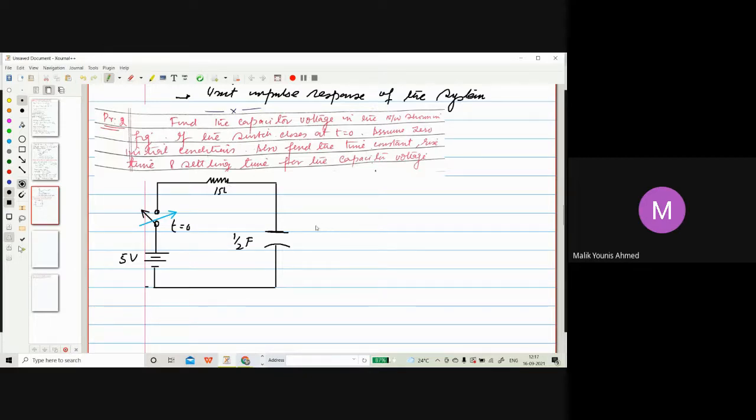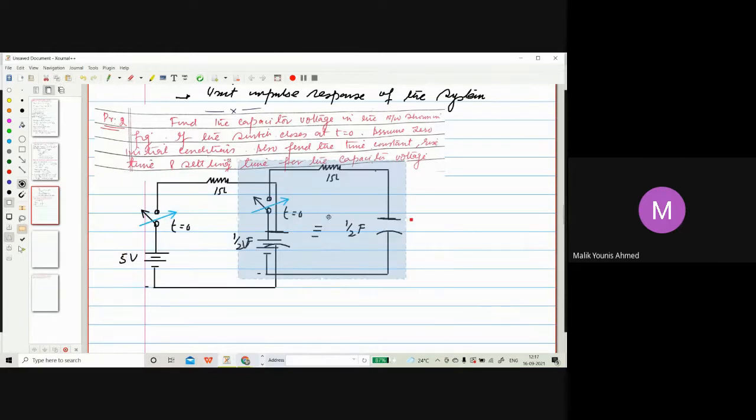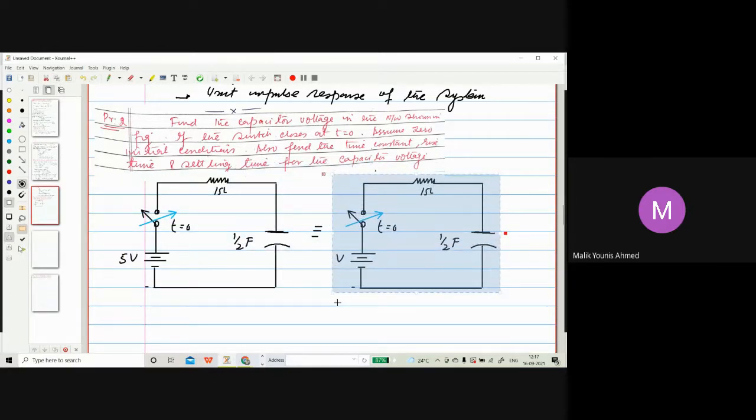So let's draw the Laplace equivalent of this. Laplace transform we will draw. Let me copy this figure again. Switch at t equal to 0 is going to be closed now, so we'll close the switch.